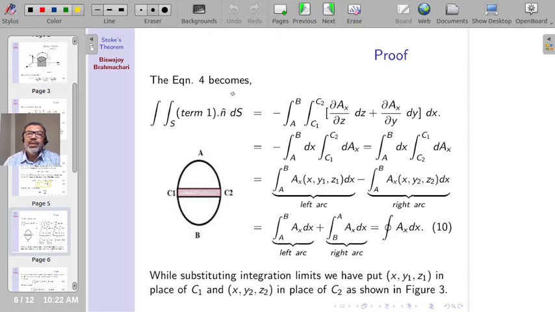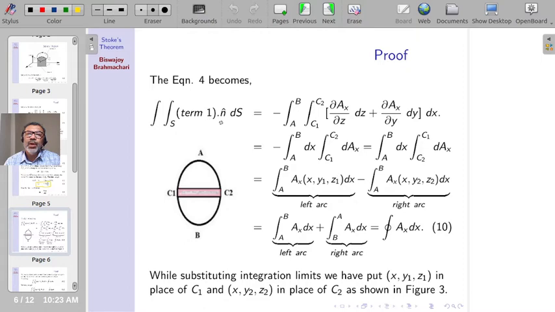Now the surface integral is term 1 dot n ds, which has both n dot j and n dot k, and we have replaced n dot j in terms of n dot k and ds in terms of dx dy. So we have substituted ds as dx dy divided by n dot k, and in term 1 we had the n dot j term, which we have replaced in terms of n dot k.